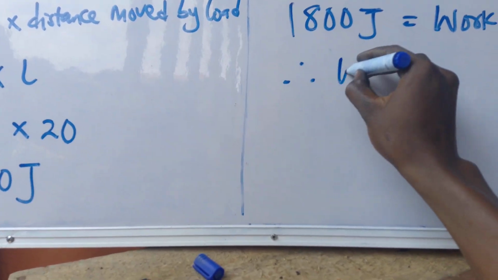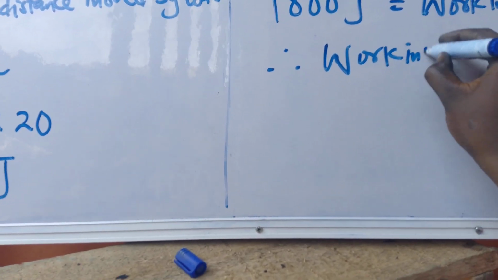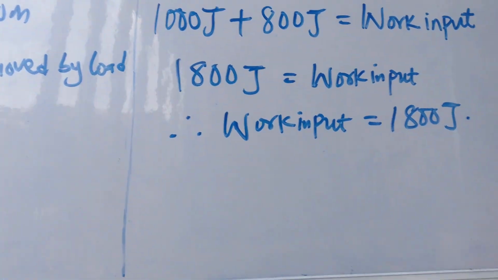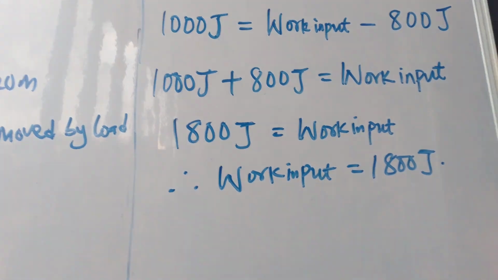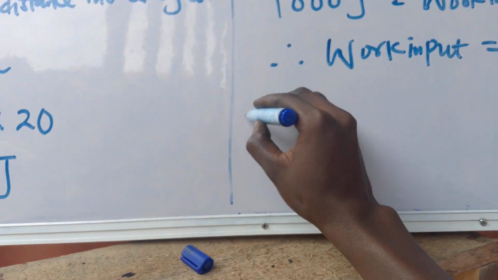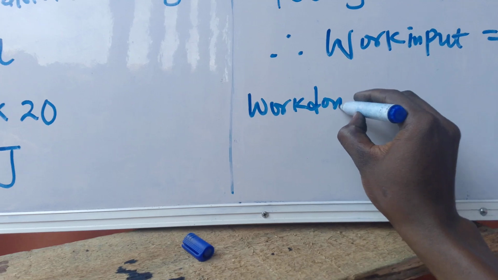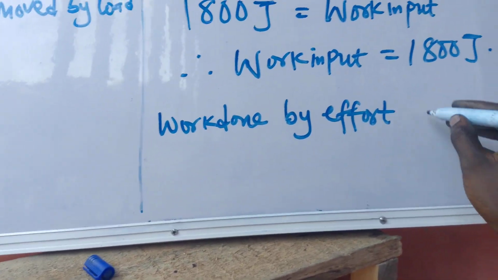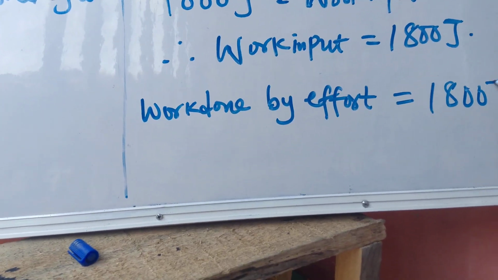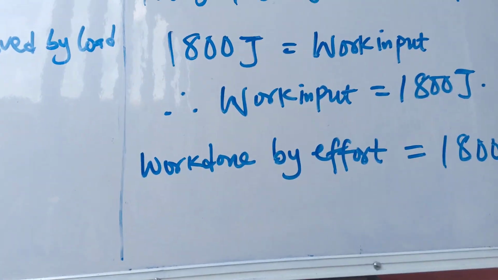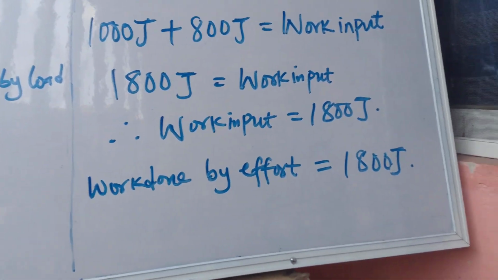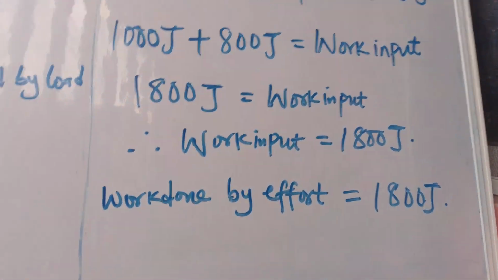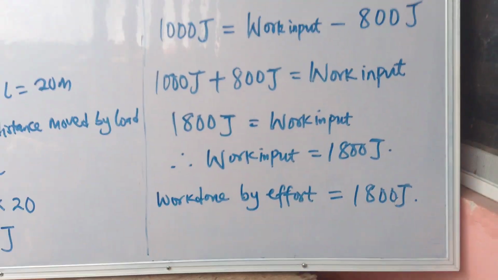Therefore my work input is 1800 joules. Remember I stated that the work done by effort is equivalent to the work input. So the work done by effort is also 1800 joules. Work done by effort is the work input, then work done by load is the work output. So the work put into the machine is 1800 joules, which is the work done by effort.